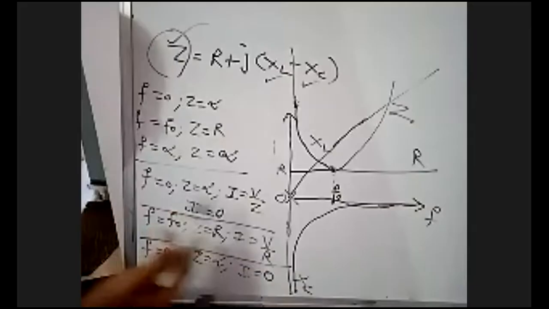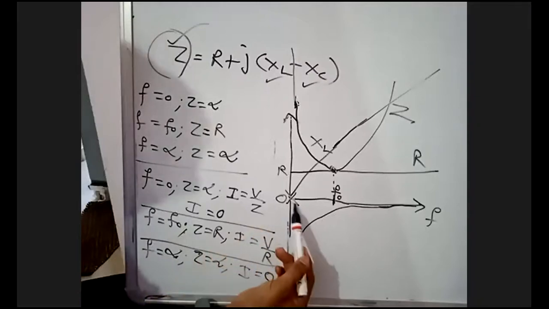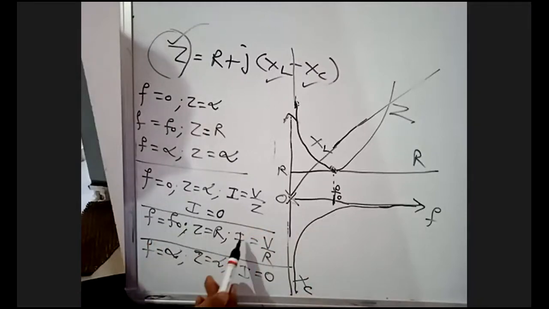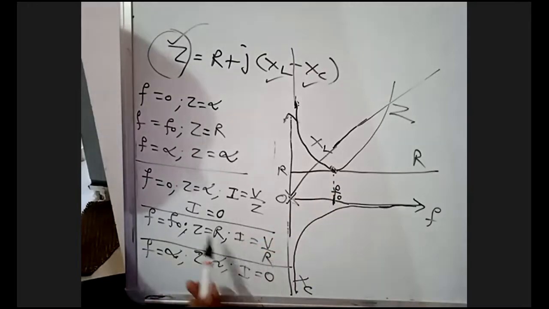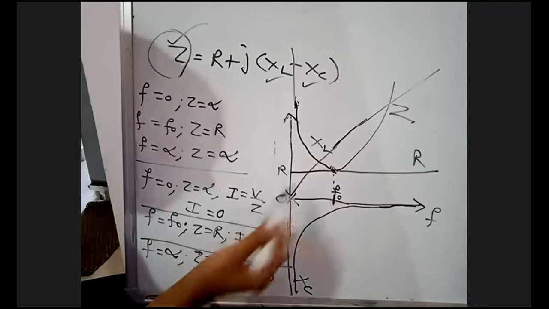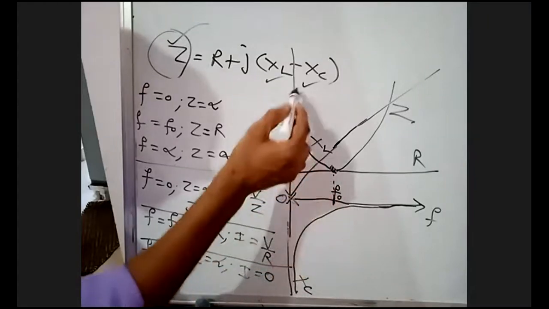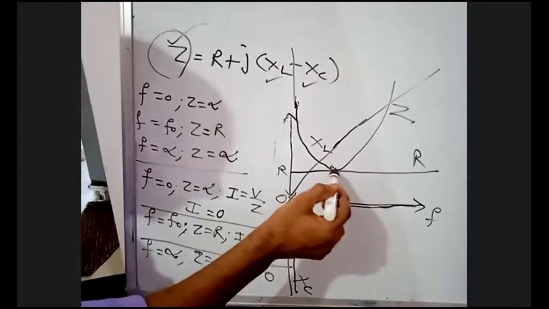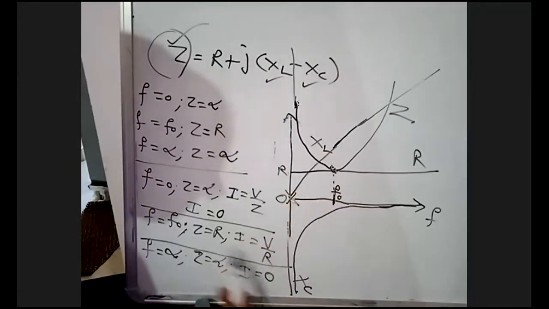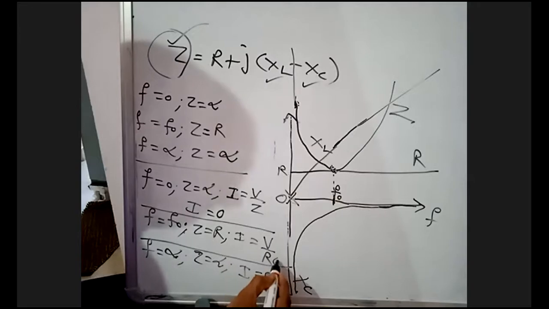Now see the current variation. At f is equal to 0, current is 0. Here current is 0, I am keeping. At f is equal to f naught, impedance is minimum. Here R is minimum. If impedance is minimum, what is the current?